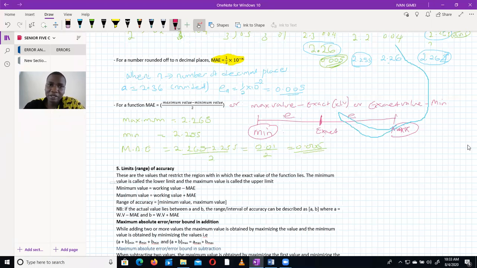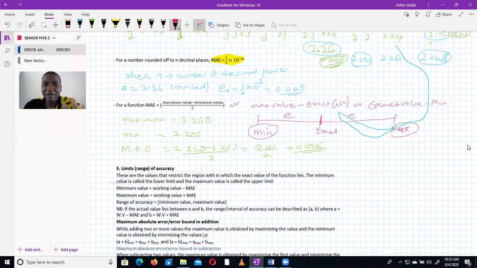Then absolute error, we subtract and get the magnitude. That gives you the absolute error. Then we said relative error: you divide absolute error by the exact value or approximate value to give you relative error. Then we went to percentage error. We said percentage error is relative error times 100%. That gives you percentage error.